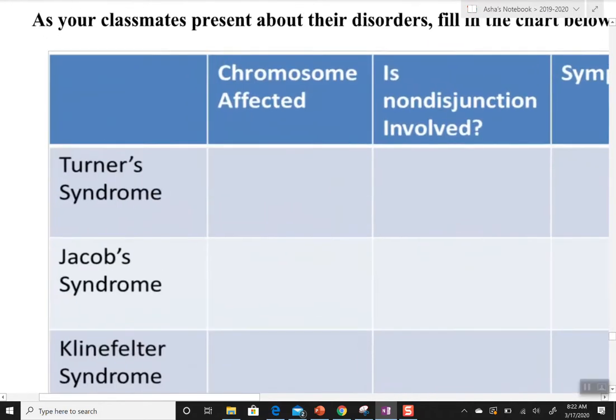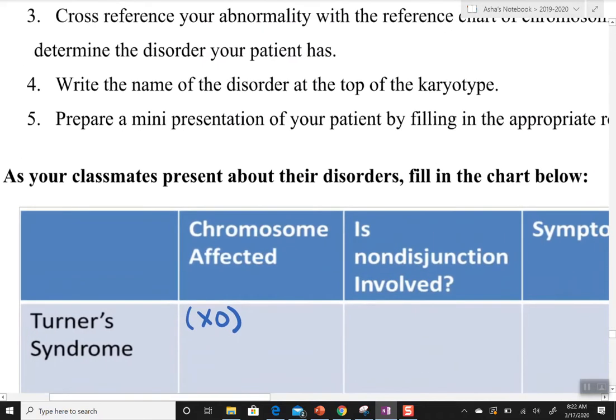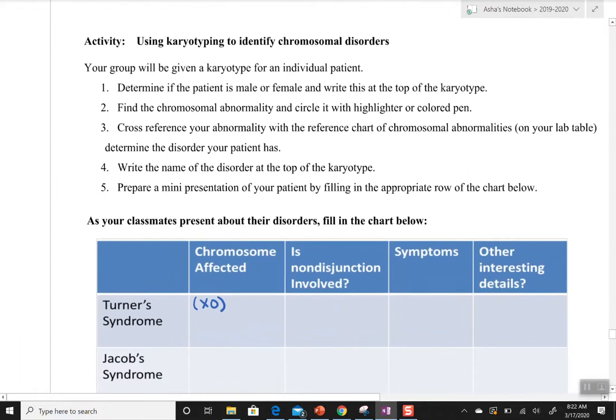So Turner syndrome is when you have, this is where non-disjunction is happening in the sex chromosomes. All these are examples of non-disjunction in sex chromosomes. So let's just write that at the top here: non-disjunction in sex chromosomes.